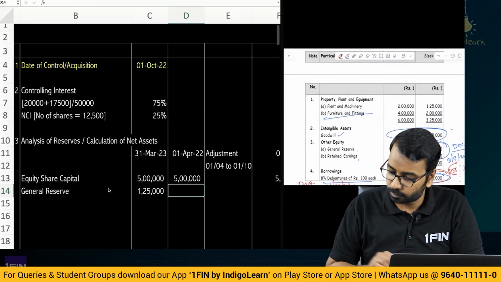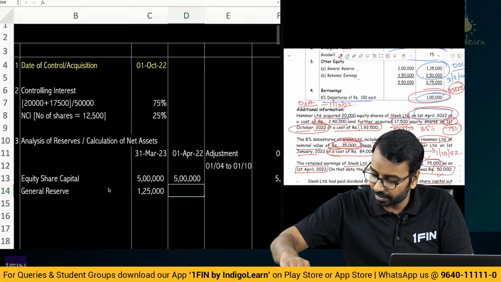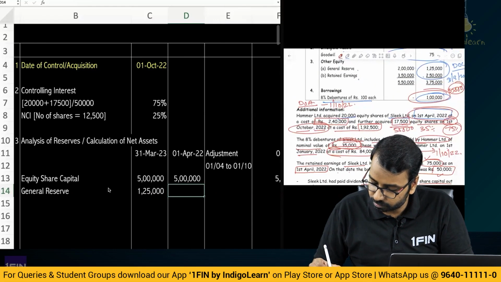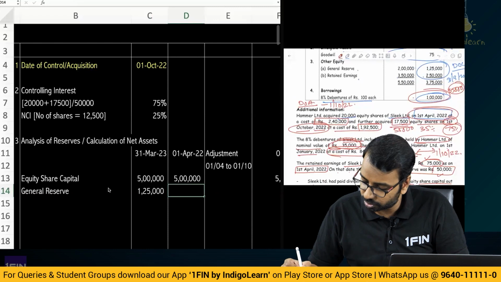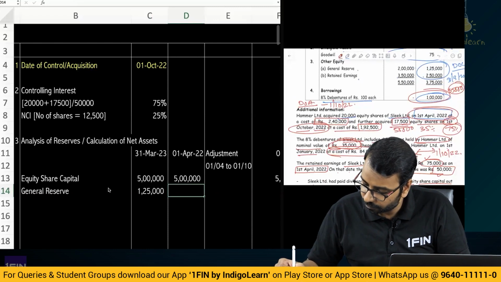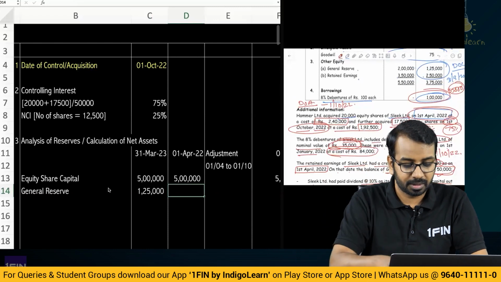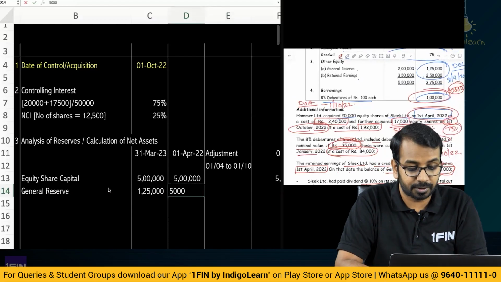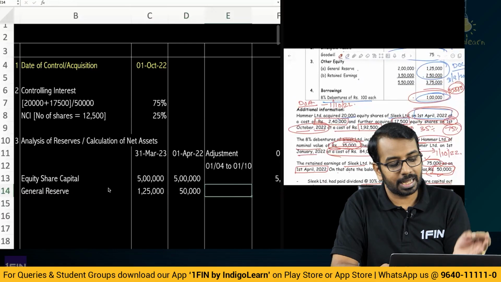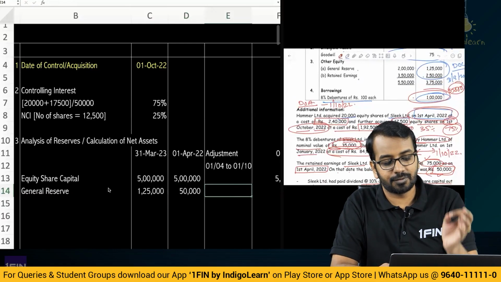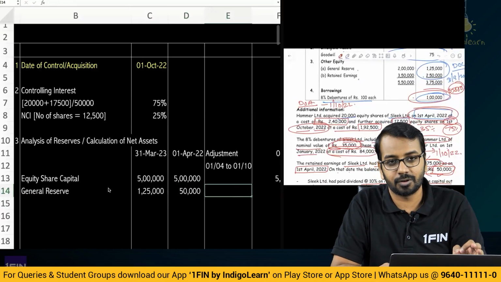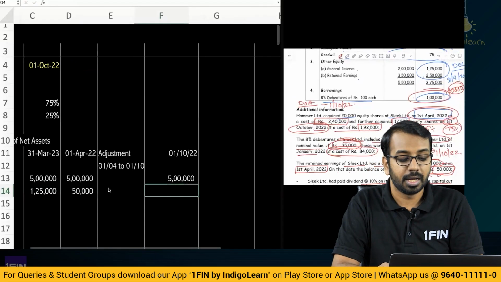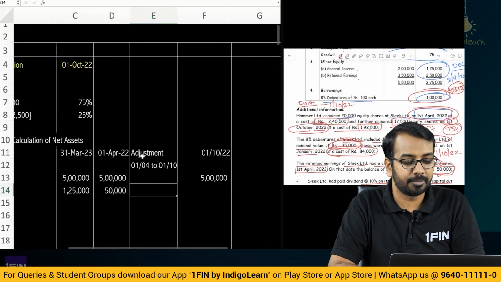Okay, 1,25,000, and on the date of acquisition, the reserve was 50,000, and on 1st of April reserve is 50,000, right? Now 1,25,000 is the closing balance, 50,000 is on the 1st of April of 22. Means what? How much did we earn in the full period?